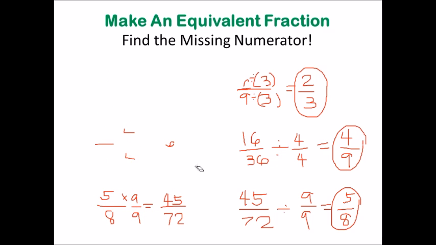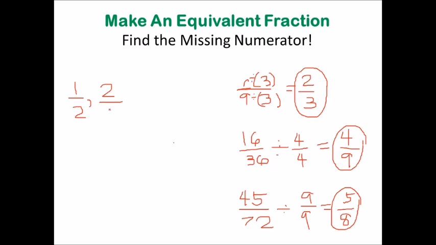Let us try another. Our example a while ago is 1/2, right? So if we have 1/2, then 2/4, then 3/6, then 4/8. The lowest term of 2/4 is 1/2, which has the common factor 2, right? 2 divided by 2 is 1, 4 divided by 2 is 2.